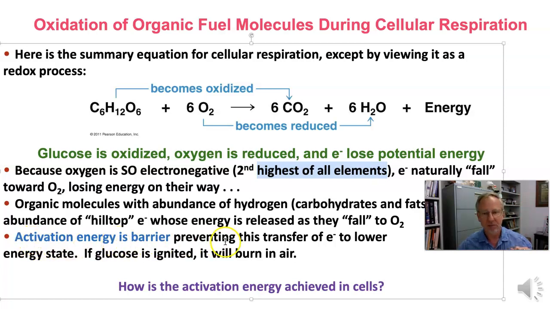And so enzymes are going to be available at every step of the way during cellular respiration to help lower the activation energy and increase the rate of all the chemical reactions. So that's another thing we're going to point out to you, is how along the way during cellular respiration there are enzymes to help lower the activation energy barrier.